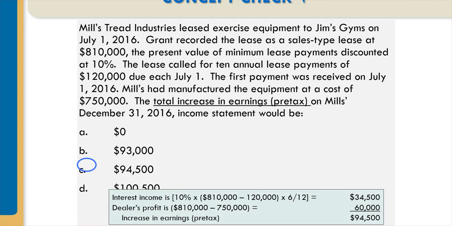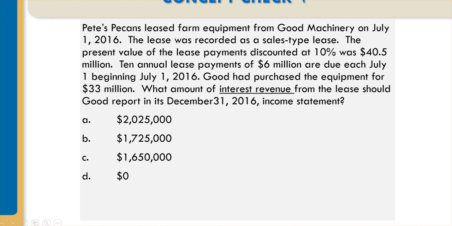And in the first period of time, they're not really financing the whole $810,000 because they're making a $120,000 payment right on the first day. So we're really financing the net of the 810 and the 120, and then you take the percentage because it's on an accrual basis. You get the 94.5. So I think you can work through that.